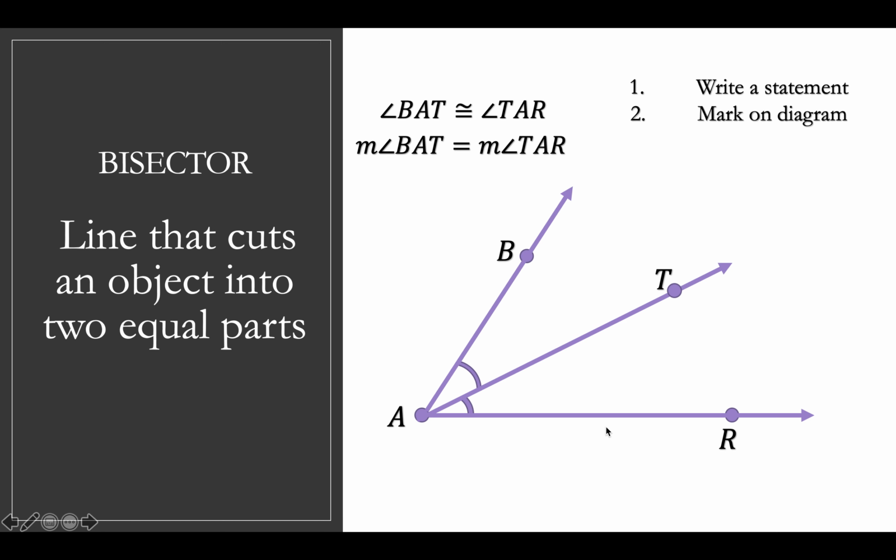And then TAR is also 32 degrees. Well, 32 equals 32. So when I say M in front of this, that means measure of angle BAT, and that's just a number. But BAT itself is an angle. So we would never say that angles are equal, but we would say that the measures of those angles are equal, because 32 definitely does equal 32. So the measure of BAT is equal to the measure of TAR, but BAT is just congruent to TAR.